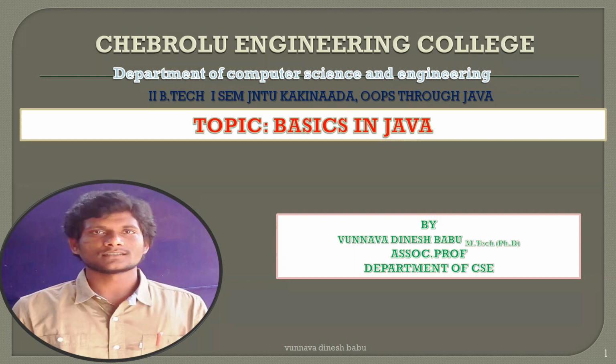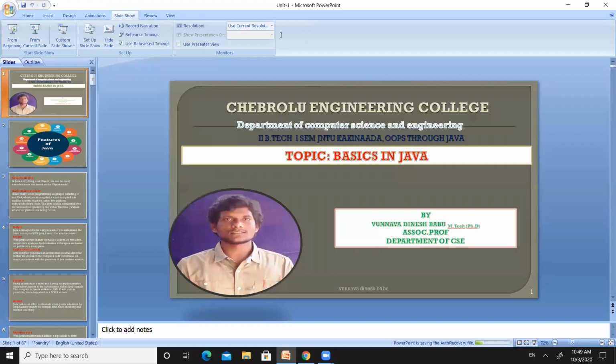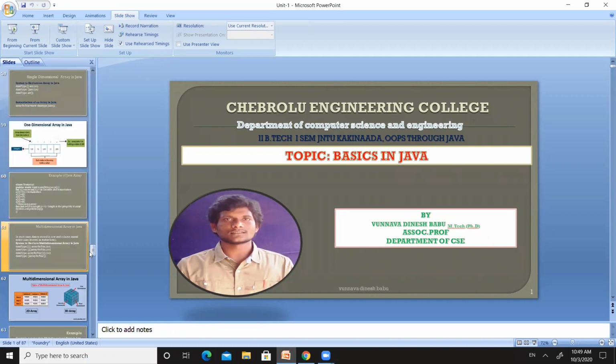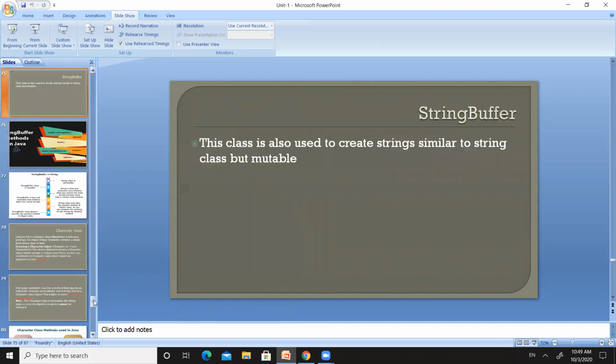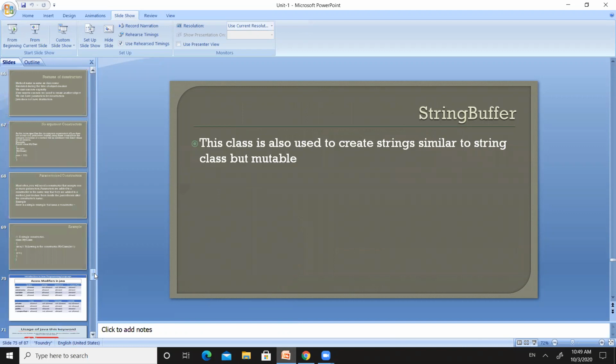class inheritance. And in today's session, we are going to look at string class and string buffer class. So in C programming language, while we are dealing with the strings, a string is called a collection of characters, or we can call it as a character array.